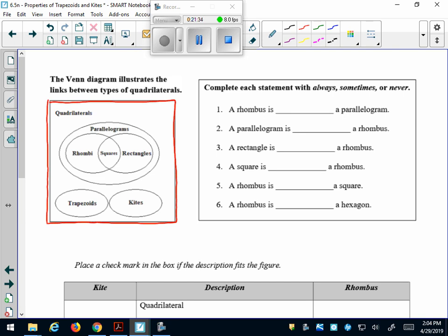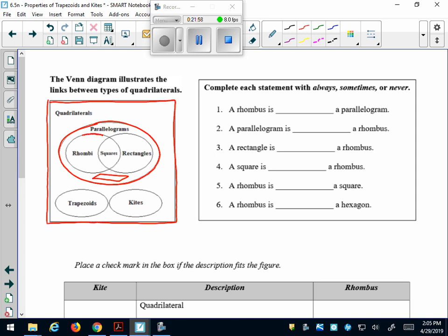It's a Venn diagram. The big box represents all quadrilaterals, all four-sided figures. We've got parallelograms in here, and inside parallelograms we've got rhombuses, rectangles, and squares. Those are all special types of parallelograms. Some parallelograms don't come in any of those categories, but they would still be inside parallelograms.